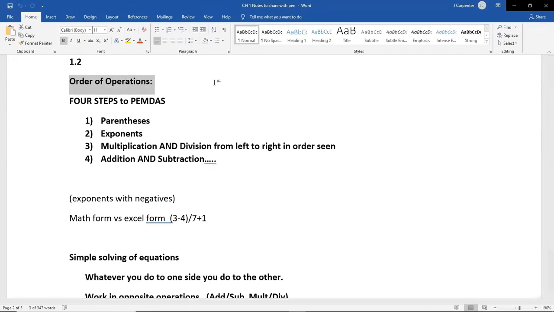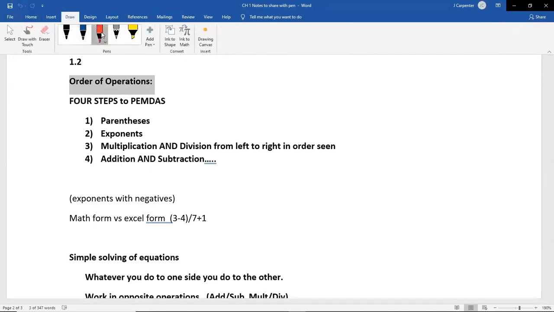There are only 4 steps to PEMDAS. There are only 4 steps to the order of operations. P, parentheses, that's your first step. E, your exponents, that's your second step. Multiplication and division together from left to right is your third step. So what that means is you don't do all of the multiplications and then all the divisions.